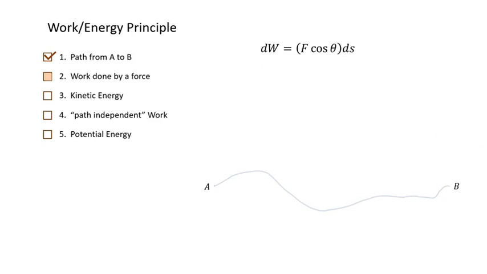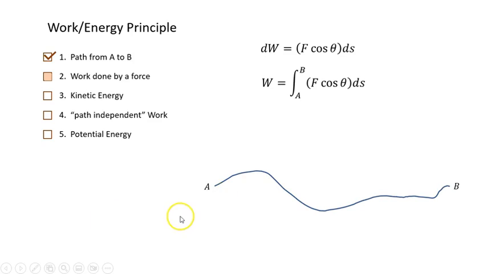Now, let's take some other arbitrary paths. Any arbitrary path from point A to point B. The object goes from point A to point B. What I'm suggesting here is that the work would be the sum of infinitely many work elements, each work element being a tangential force component times a path element.